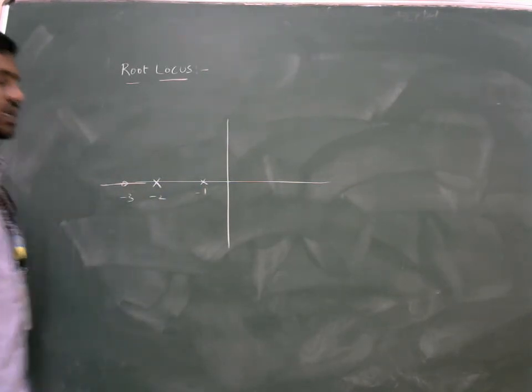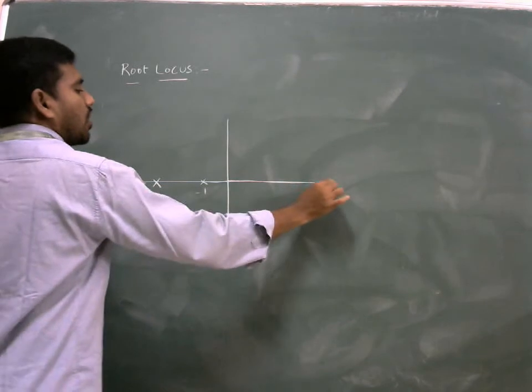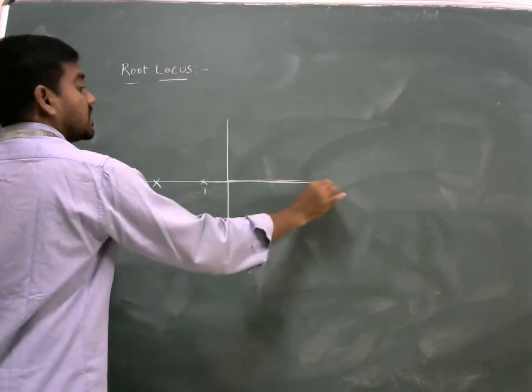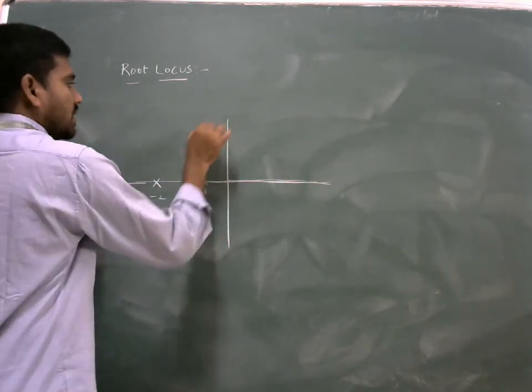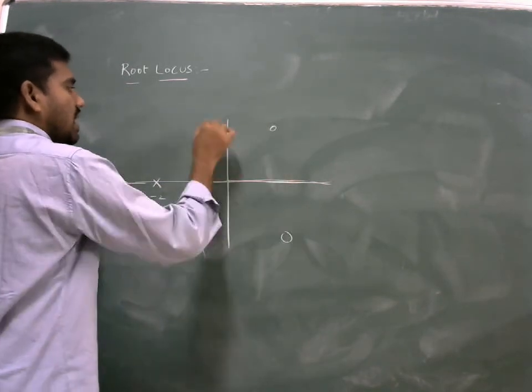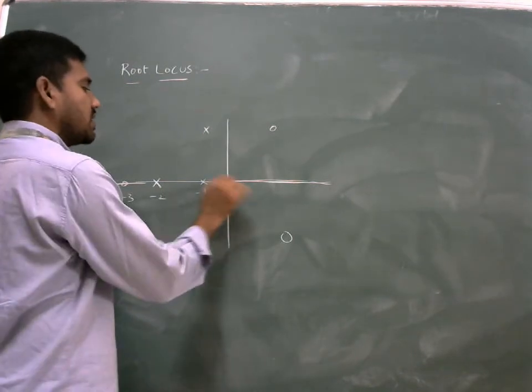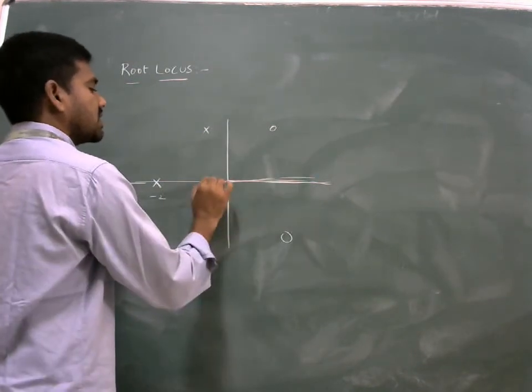Now we need to check, after -1 on the left-hand side, up to this particular point, how many poles and zeros are there? Poles and zeros on the real axis only. If there are poles and zeros here also, we are not going to consider all these things. Only on the real axis you need to consider. How many poles and zeros on the real axis are there up to this point?